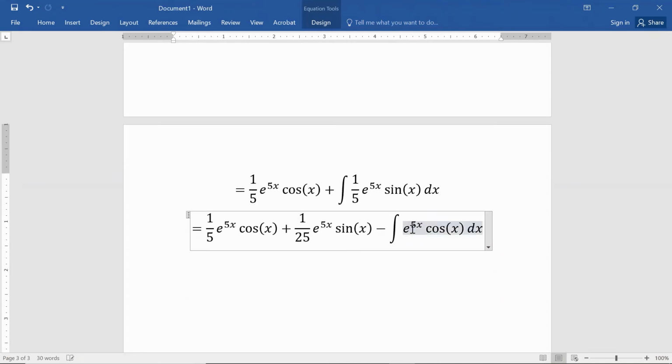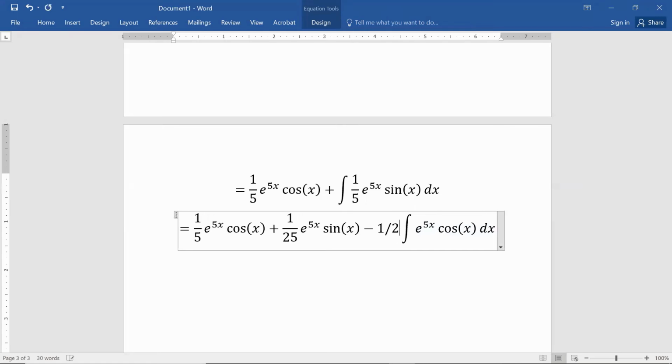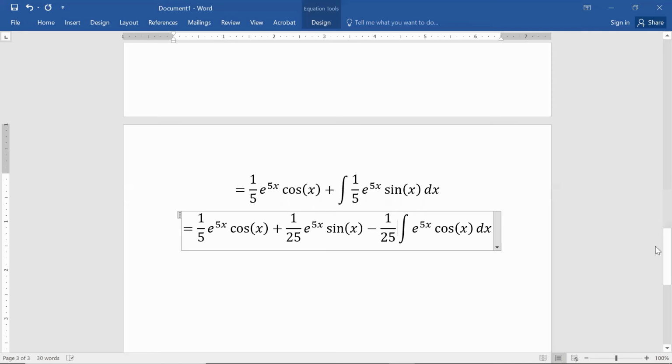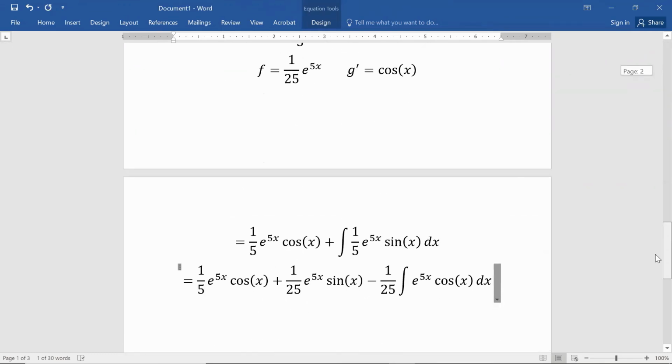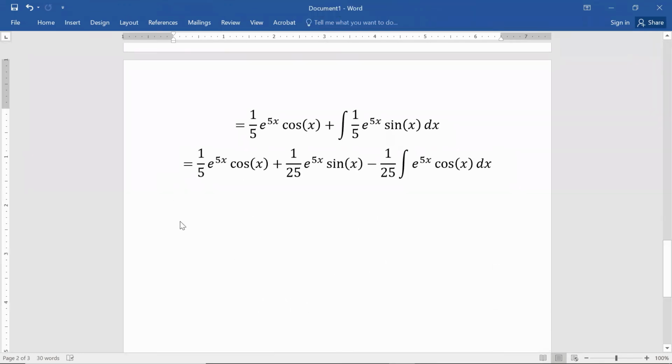Again, we get an e to the 5x cosine x. I'm going to pull out the 1 over 25 and put that as a coefficient of the integral. Again, cosine x e to the 5x was the thing we were trying to integrate.